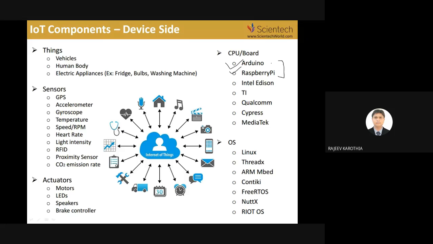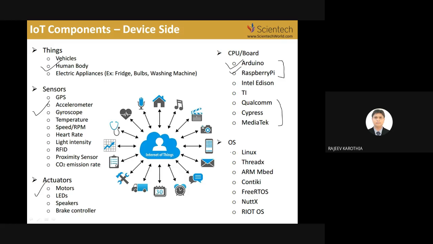We need hardware where we can connect all three things: sensor, actuator, and device. In terms of CPU, we have Arduino, Raspberry Pi, Intel Edison, some boards from Texas Instruments, some from MediaTek. For higher-end applications, we have all these different boards.